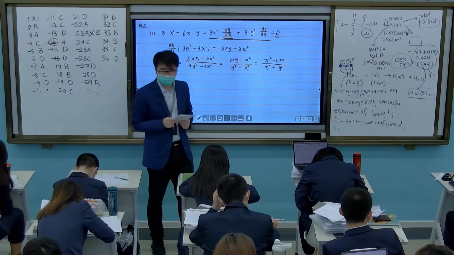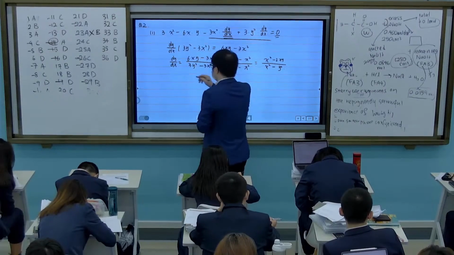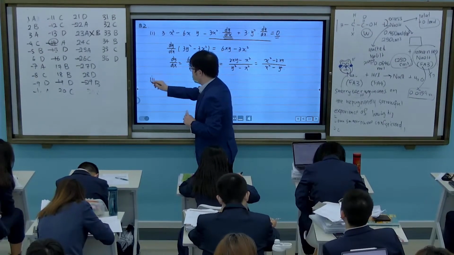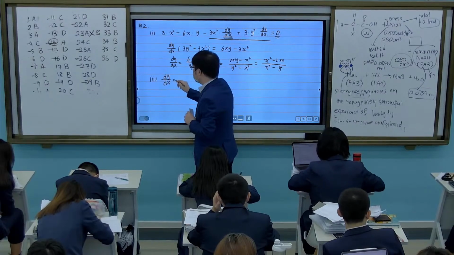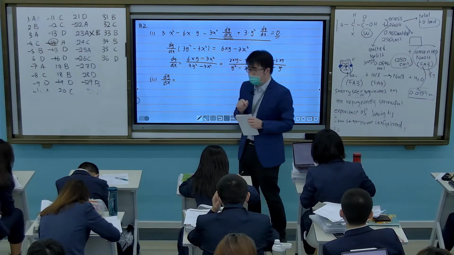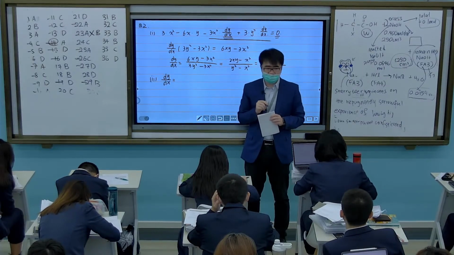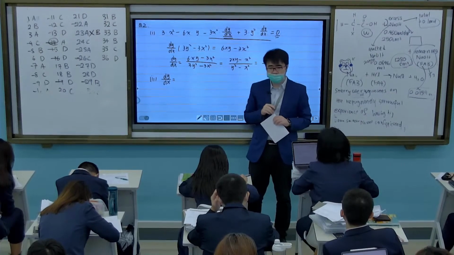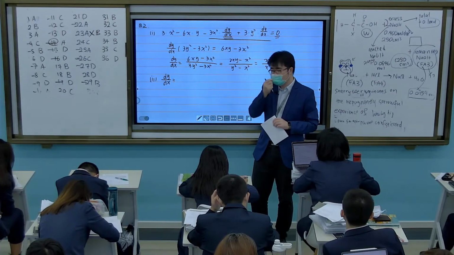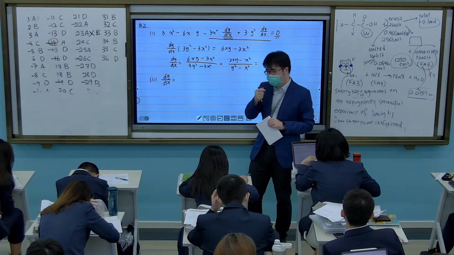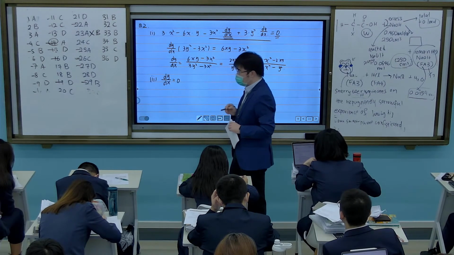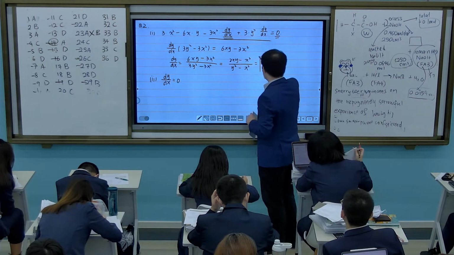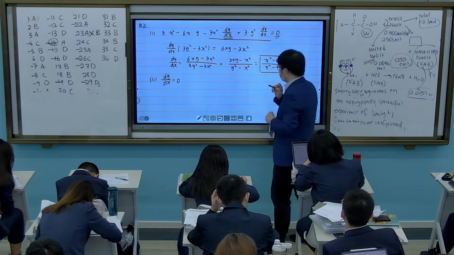If the tangent is parallel to the x-axis, that means the gradient equals 0. The gradient can be represented by dy over dx. All right? That means dy over dx equals 0 to guarantee that the tangent is parallel to the x-axis.